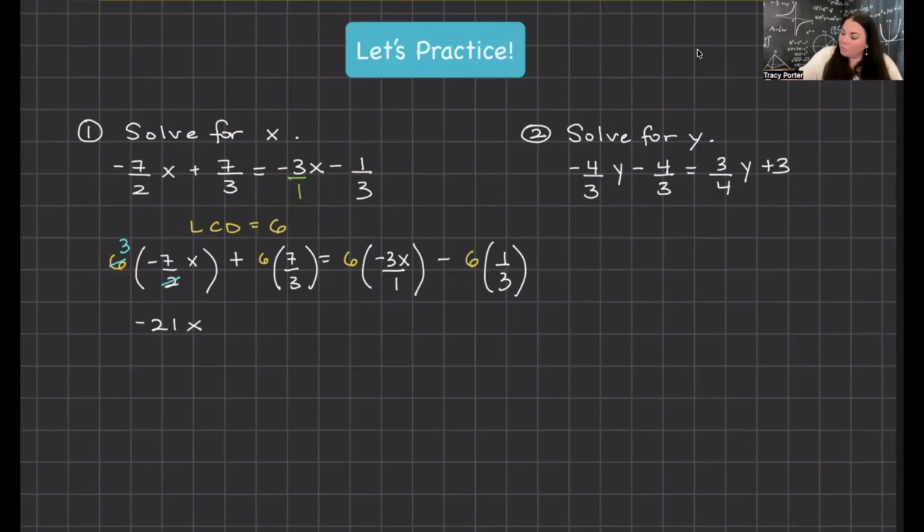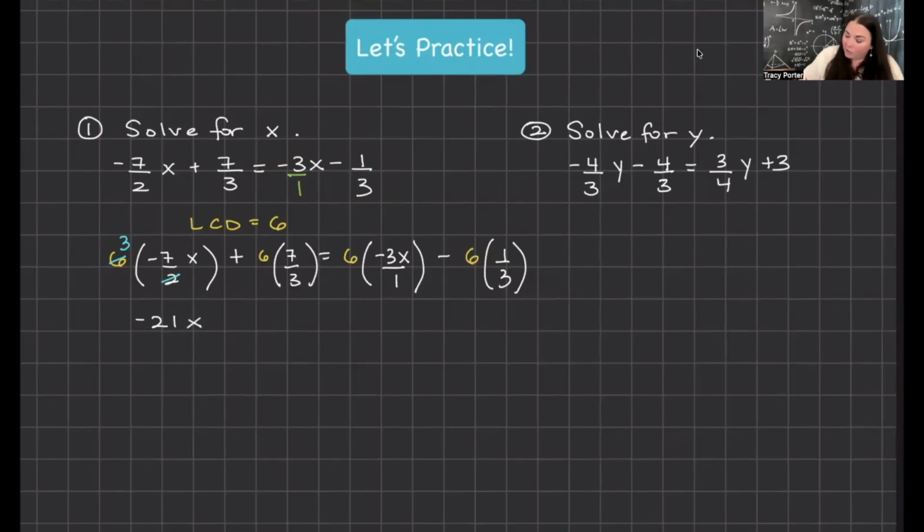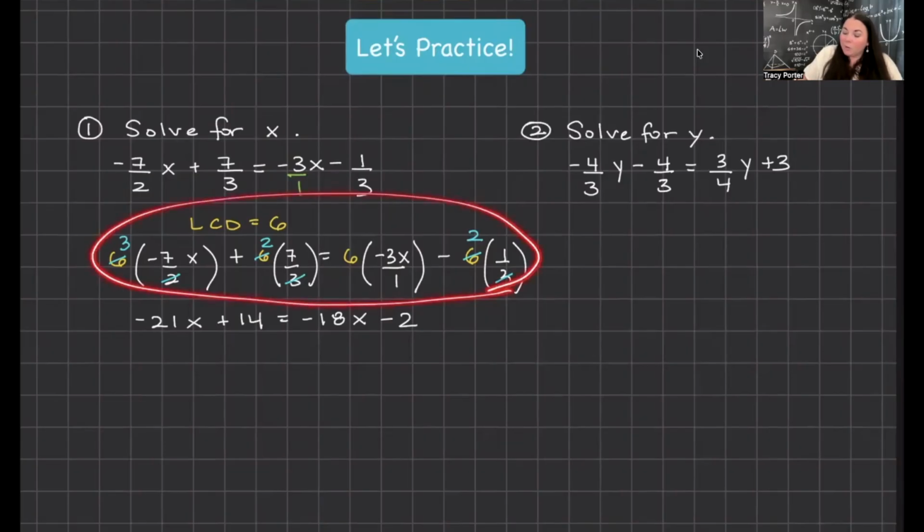That keeps the numbers smaller, which makes the calculations easier. Here 3 will divide into 6, that gives you a 2. 2 times the 7 is 14. On the right side, we'll just get -18x. And then here 3 will divide into 6, and we'll make that 2. So 2 times 1 will have a -2.